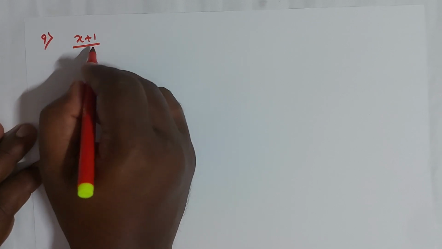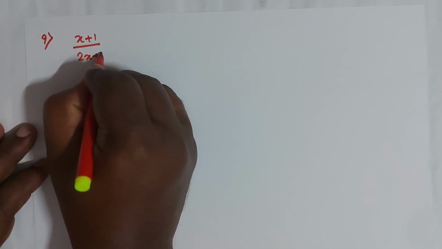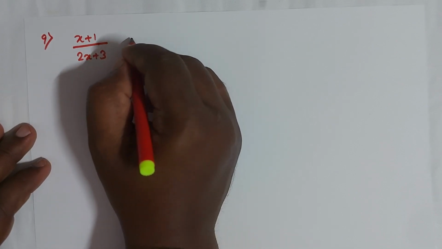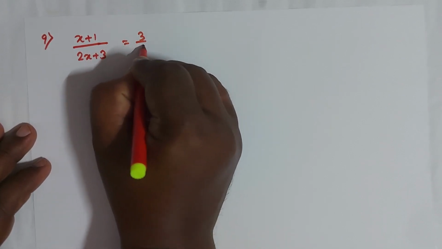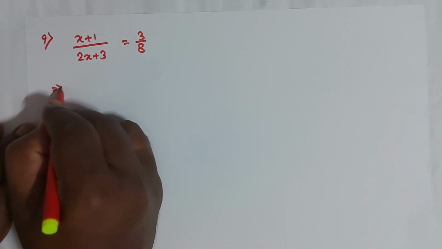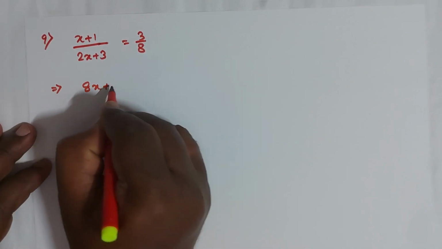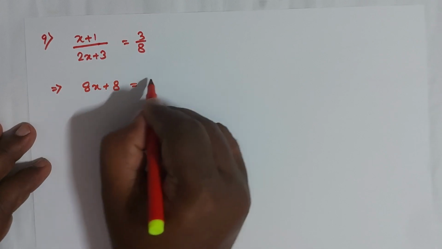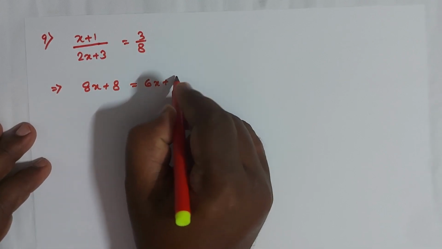Okay. Question number 9. In question number 9, if x plus 1 by 2x plus 3 is equal to 3 by 8, then x. Okay, so 8x plus 8 equals 6x plus 9.